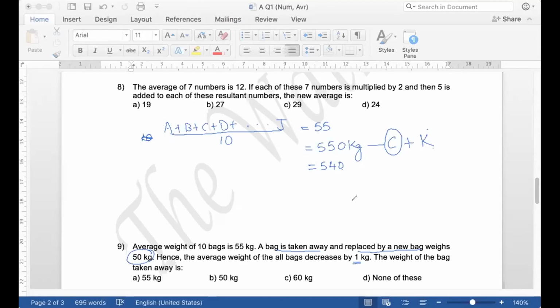So, the new bag is 50 kilogram, then the weight of the taken away bag must be what? More than that or less than that? It must be more than that, because the new bag came in, the weight decreased. So the bag which was taken away, the weight of that bag was 60 kilograms.